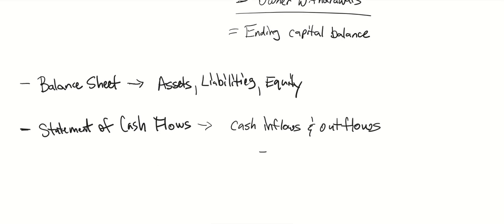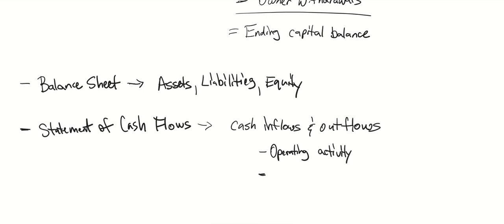The first section is going to be the operating activity section. This is a section where it shows all the cash that went in and out of the business based on the business's normal operations. Pretty much, what is it that the business absolutely needs in order to operate? So all of those activities are going to be lumped into the operating activity section.